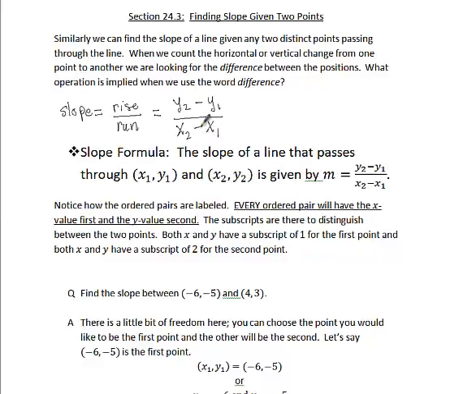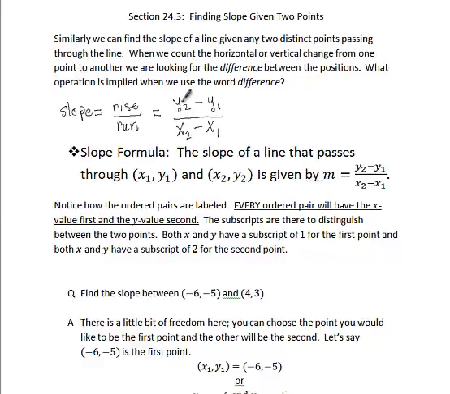Okay, and so in terms of calculating the slope with two sets of coordinates, the thing you have to keep in mind is the order of subtraction matters. So if I were to choose to calculate my rise such that y2 comes first and then I subtract the first y coordinate from that, then I have to do the same order for the run.